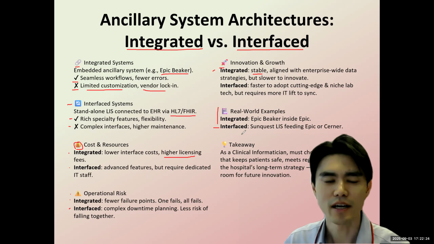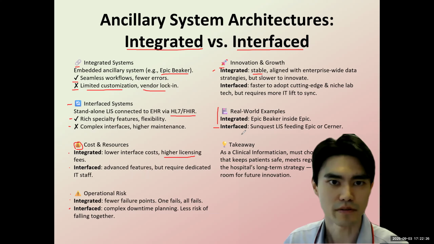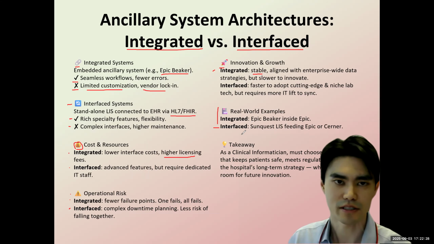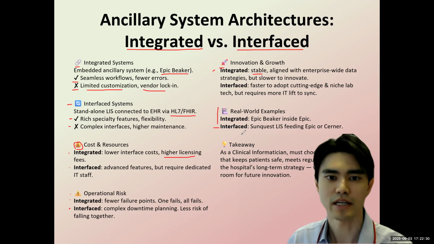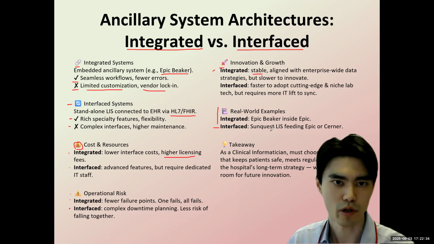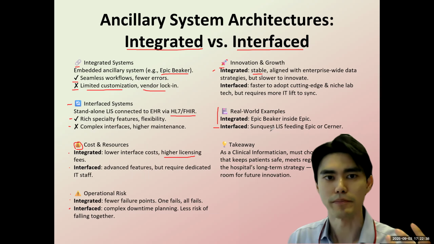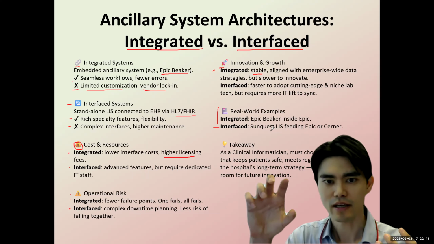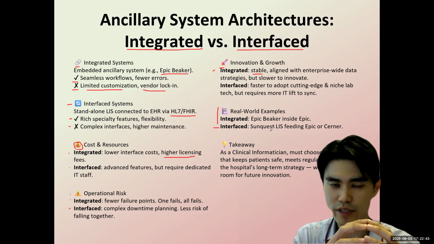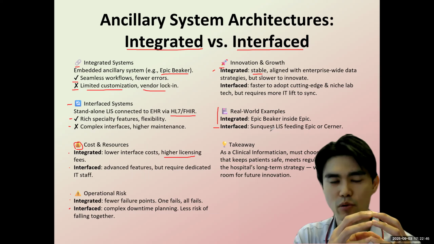On the other hand, an example of interfaced, since I'm a pathologist, I could only talk about pathology here, but Sunquest LIS or Cerner or CoPath could be an ancillary system to the main EMR. They are more focused on specific laboratory functions.